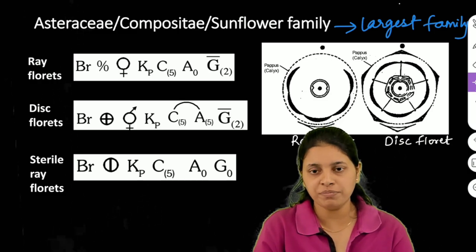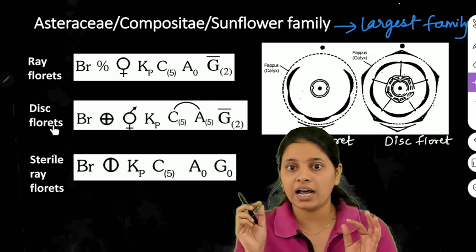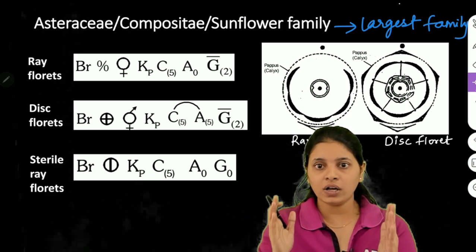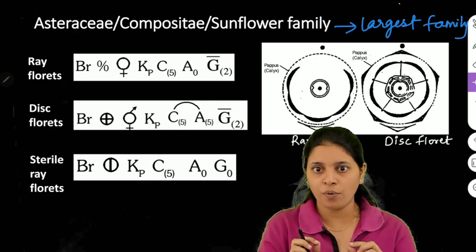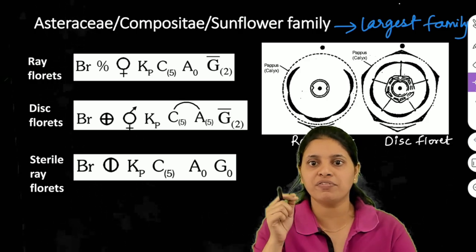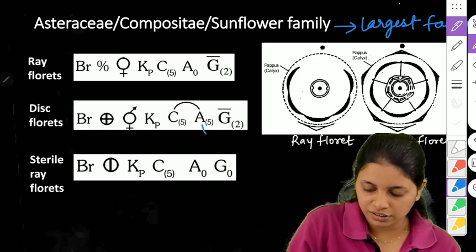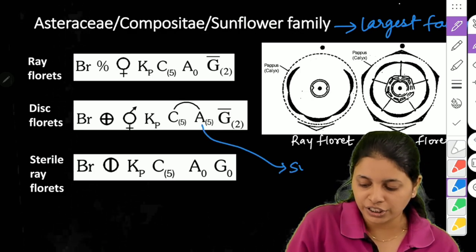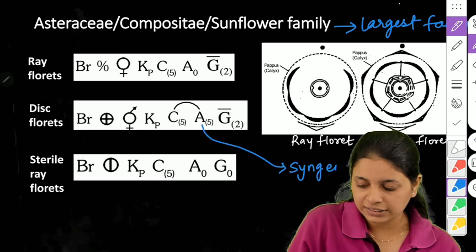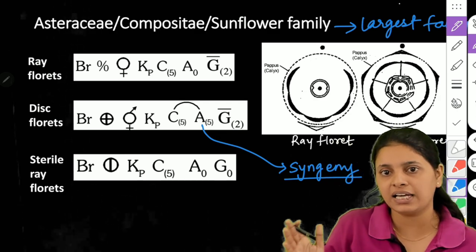In the androecium of the disc florets, there are 5 stamens. All the 5 stamens show fusion. But how? Anthers are fused but filaments are free. So this special condition is syngenesious. What is this? Anthers are fused but filaments are free.